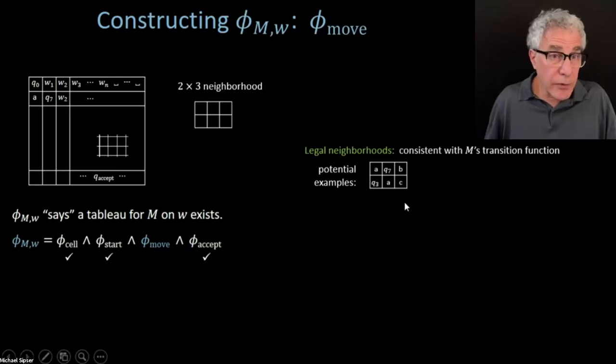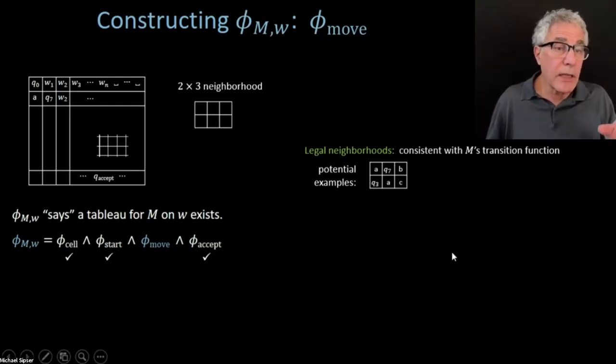So being legal depends on the transition function of the machine. Given the transition function, that's going to tell you which are the legal neighborhoods.